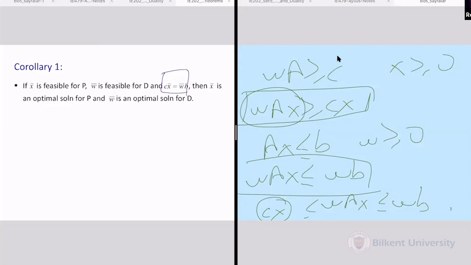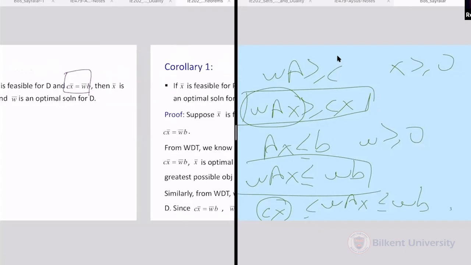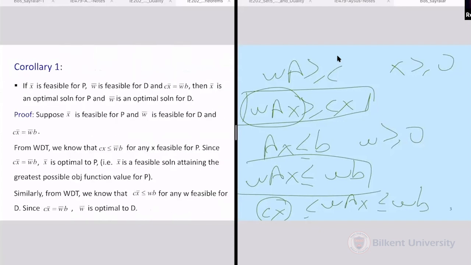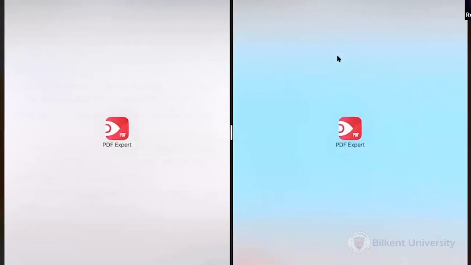Then we're taking a feasible X and a feasible W, and if we put them in their objective functions and they are equal to each other, then we can easily deduce that they are optimal solutions for their respective problems. Let's go over the proof.